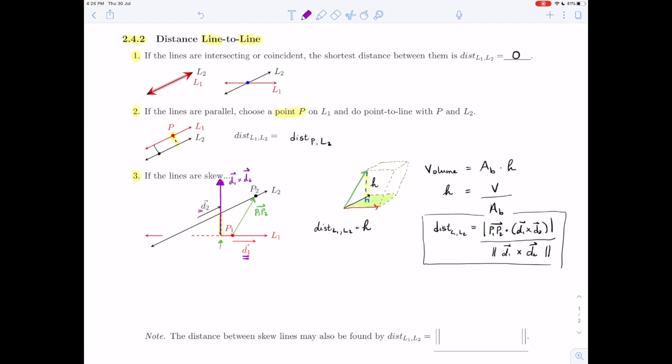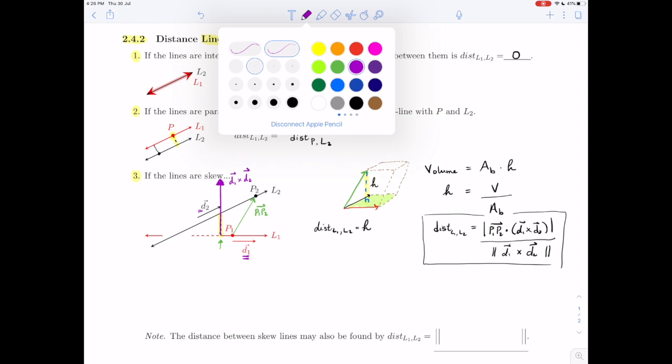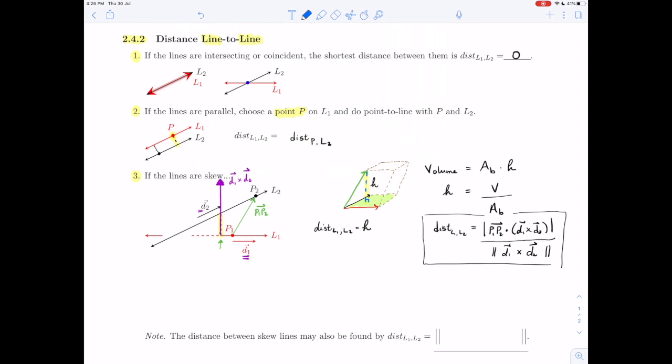But luckily we have some other information sitting here. If we take P1P2 and project it onto d1 cross d2, that projection vector is of the correct length.